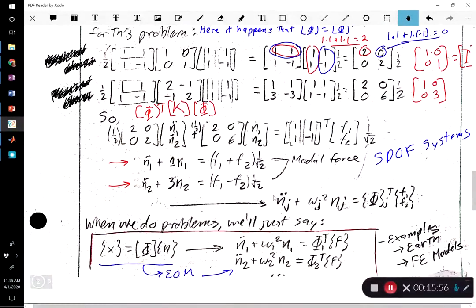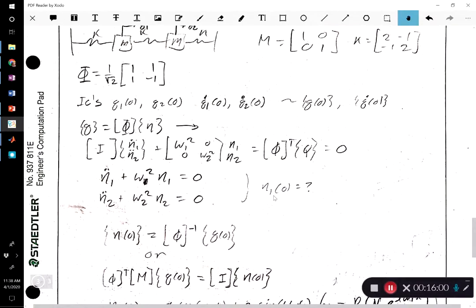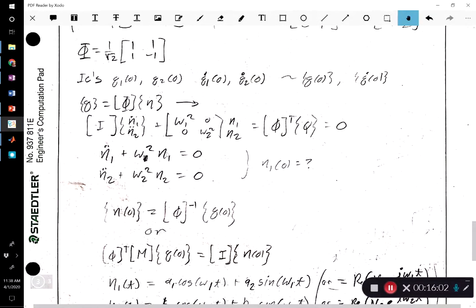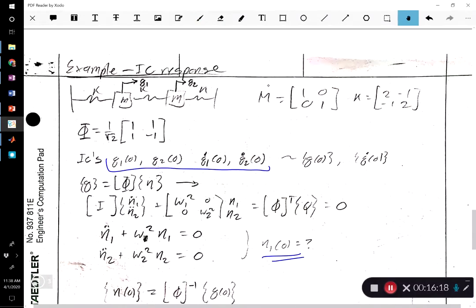Alright, we'll get back to forces later. Let's first just see what happens with a transient response. So again, we have our two equations. If we want to find the transient response, what we will need are some initial conditions. And we might be given the initial conditions on the generalized coordinates. Here I'm using Q1 and Q2 as the book uses for those.